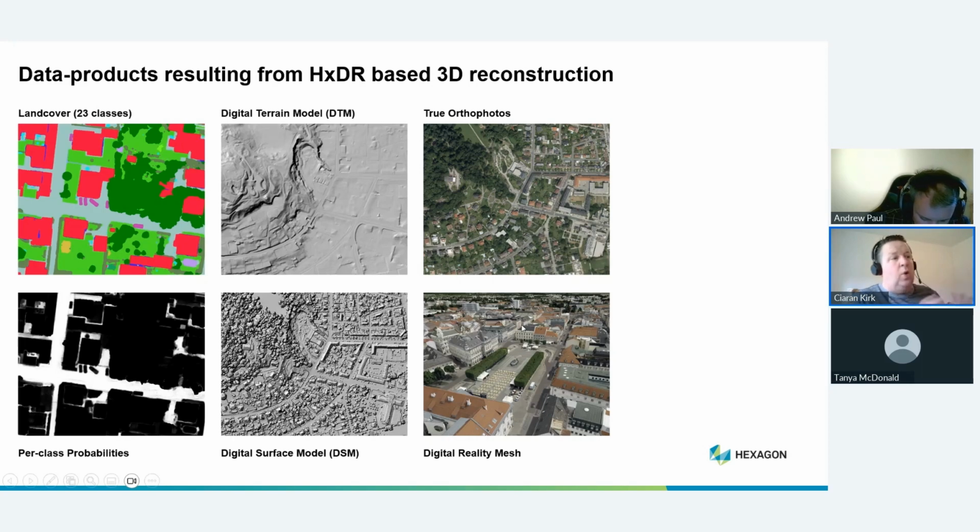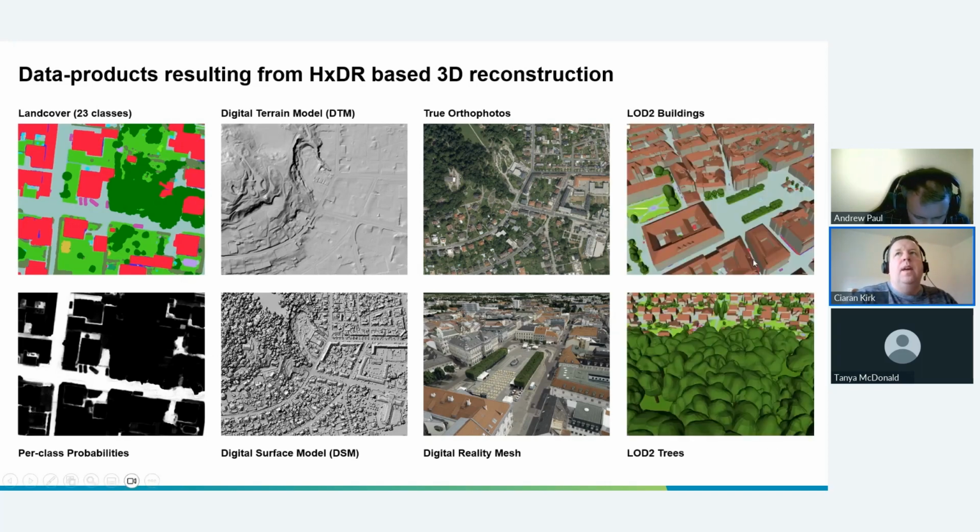This is all auto-generated by the HXDR managed service, taking the data from the sensor up to the cloud, processing it, and generating these products. And from that, we're even able to create LOD2 buildings, a complete building model, and LOD2 trees out of the features, generating that data automatically through the process.